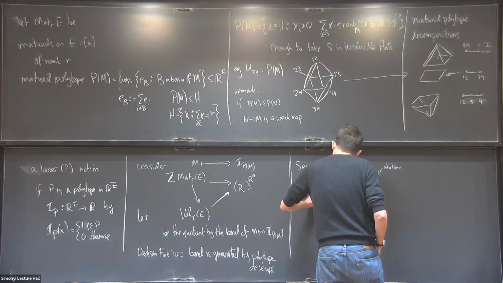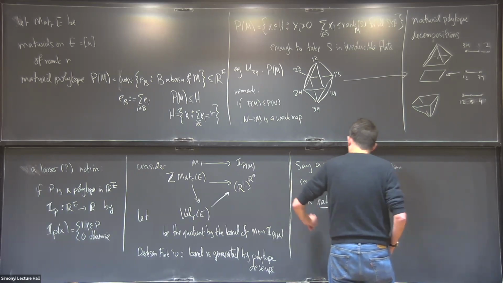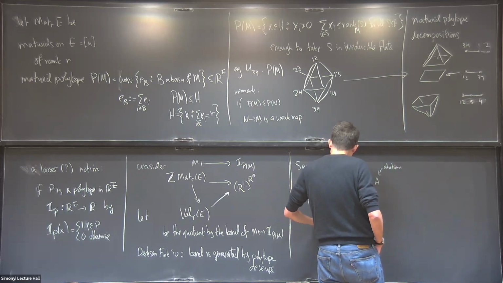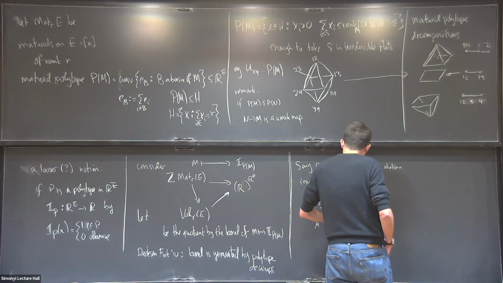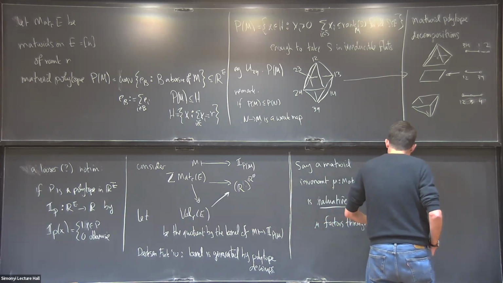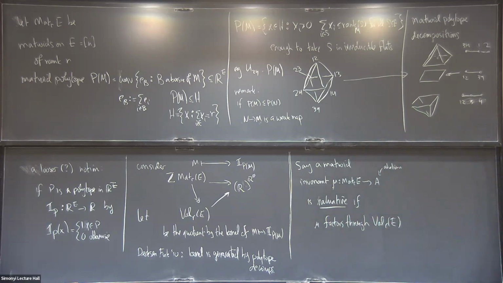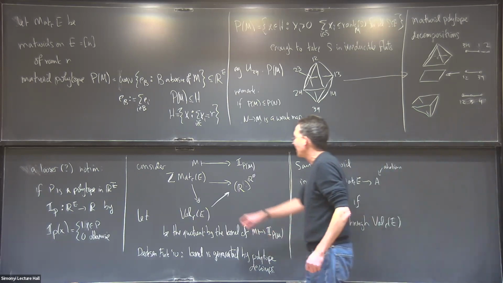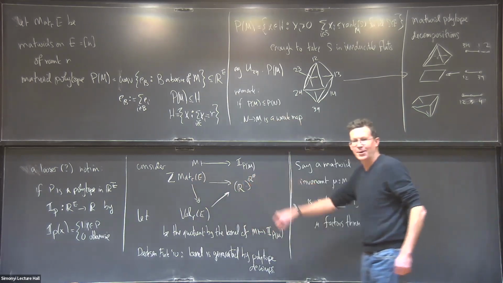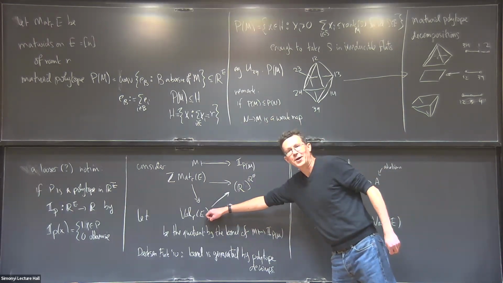And if I linearize mu to make it a map from here to the abelian group, it's possible that it is well defined on this.